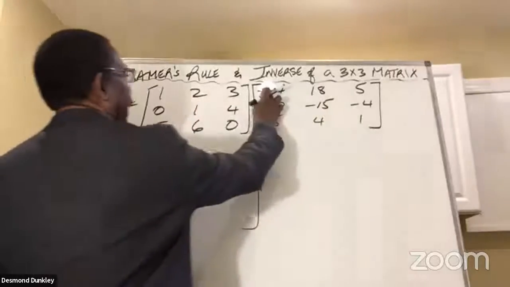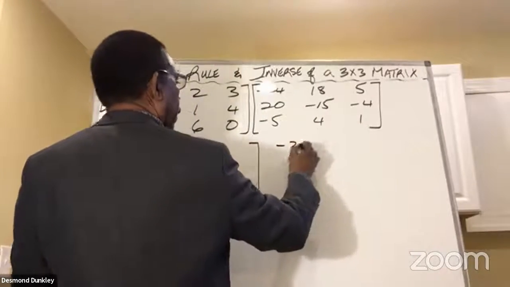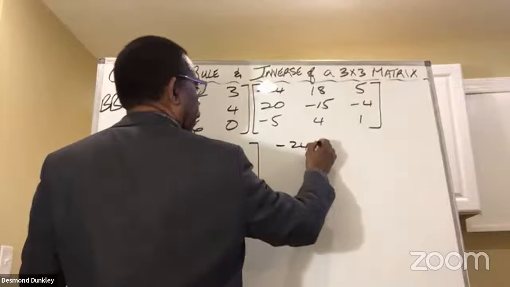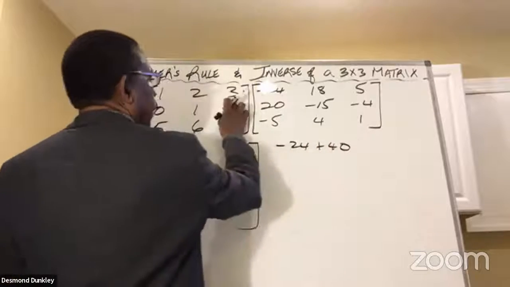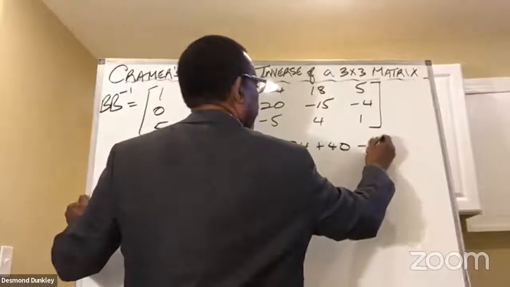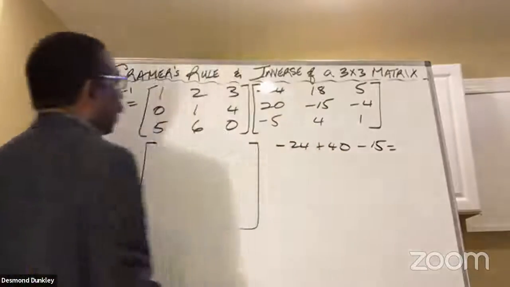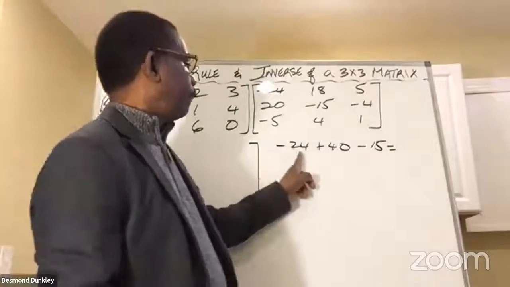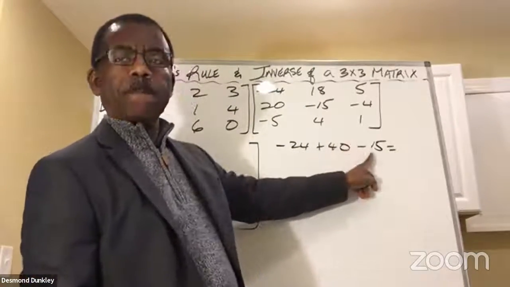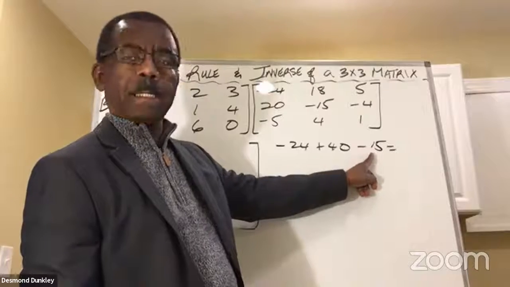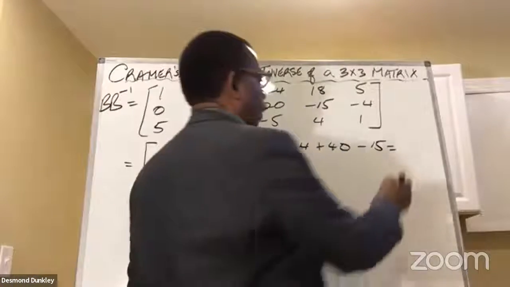So it's 1 times negative 24, 2 times 20, 3 times negative 5. Okay, so negative 24 minus 15 is negative 39, plus 40 is 1.